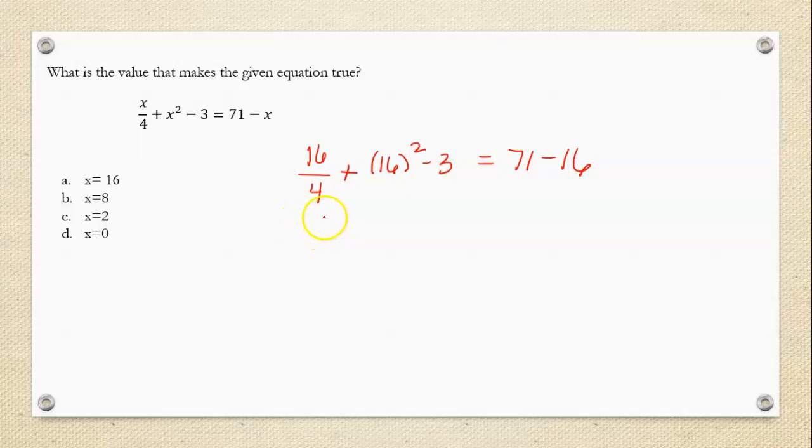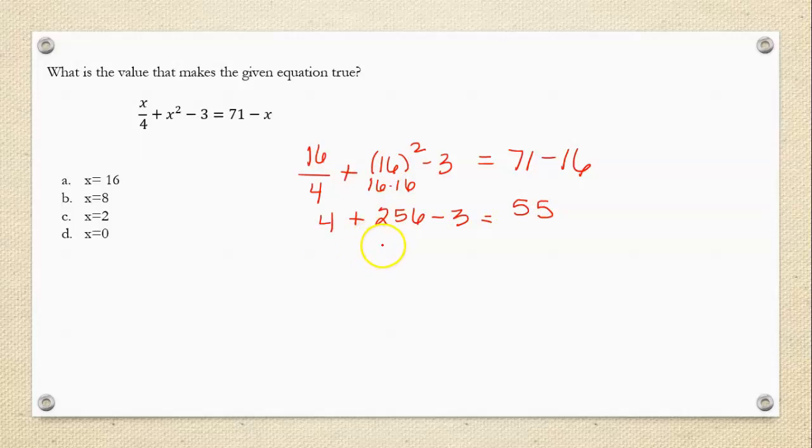So 16 divided by 4 is 4. 16 squared is a huge number, right? Because that means to write 16 twice. 16 times 16. And that's 256. I guess it's not that big. Let's go ahead and do 71 minus 16, and you get 55.